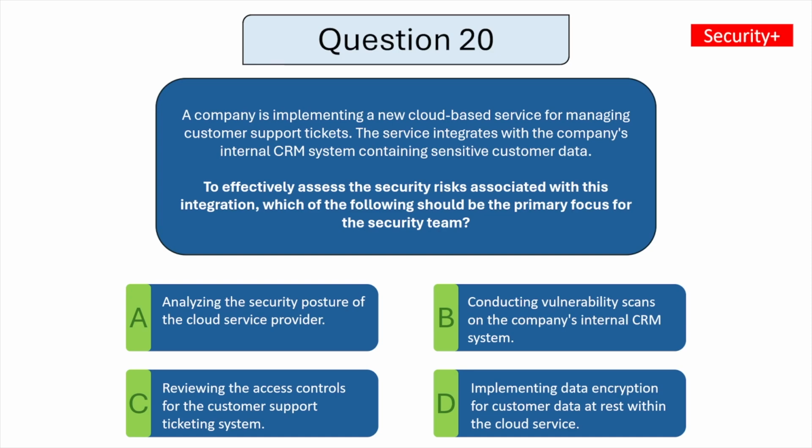Okay, so let's take a look at these. The security focus is on the integration portion. So it's not A, the main focus is integration security, not the cloud service provider, I would say. And it's not B for the same reason as A. C is a good choice.